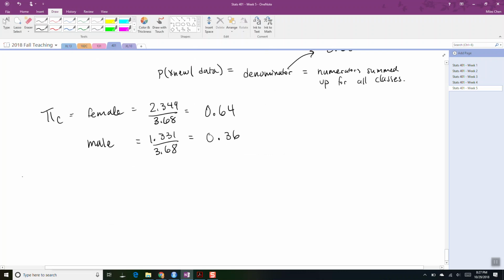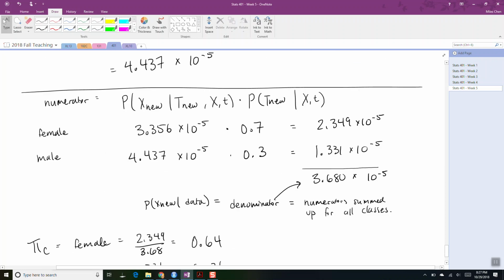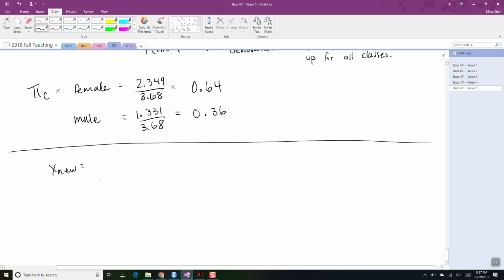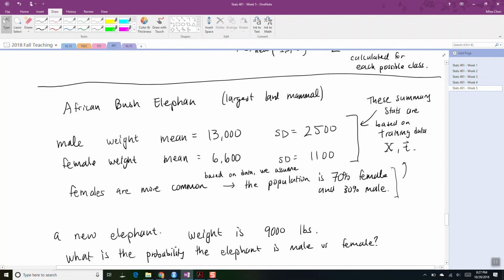That's a coincidence of this 9,000 pound, because I purposely picked a value that's kind of in between. Here, let's just try another example. So if x new were 13,000 pounds, okay? X new is 13,000 pounds. Just because you've seen this data, you already know that it's very likely to be a male elephant.